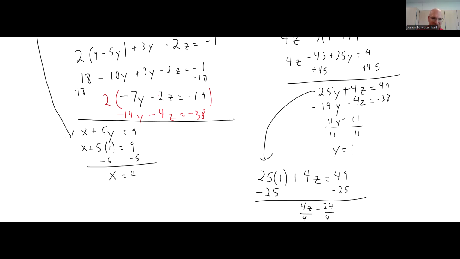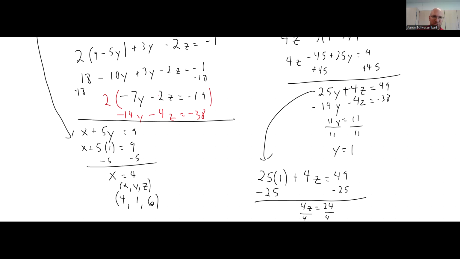My answer is then x equals 4, y equals 1, z equals 6. This is what we call an ordered triple. Instead of an ordered pair, it's x, y, z. The point of intersection of these three is (4, 1, 6).